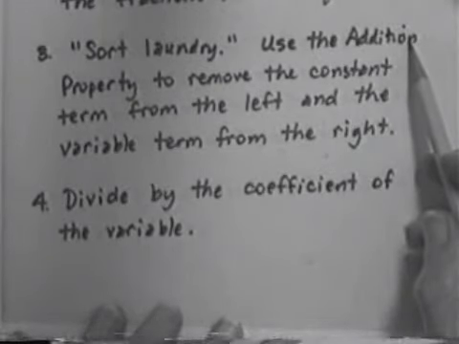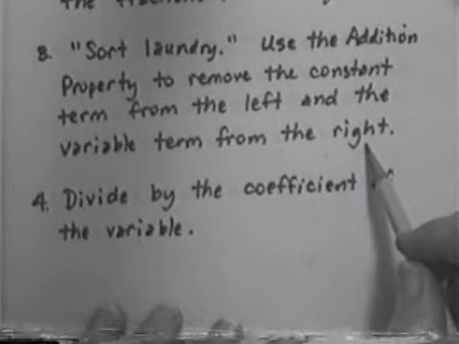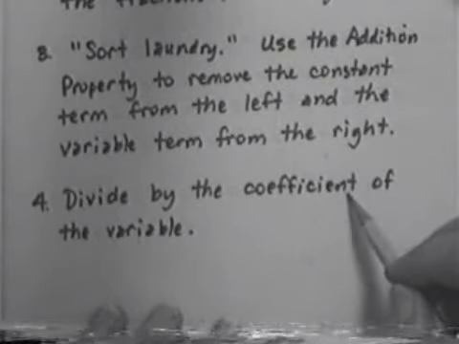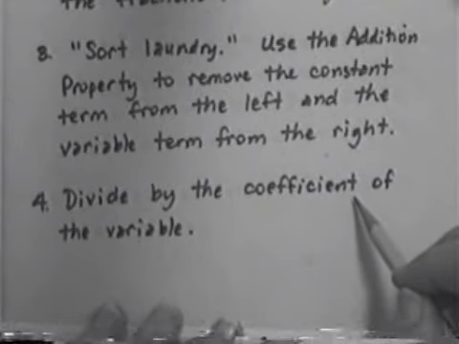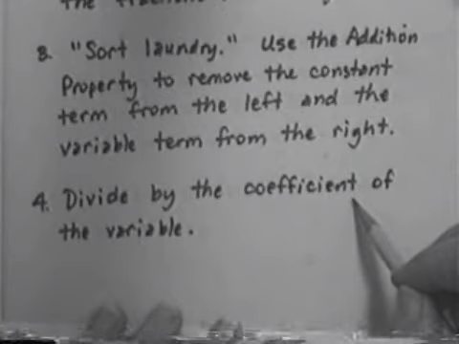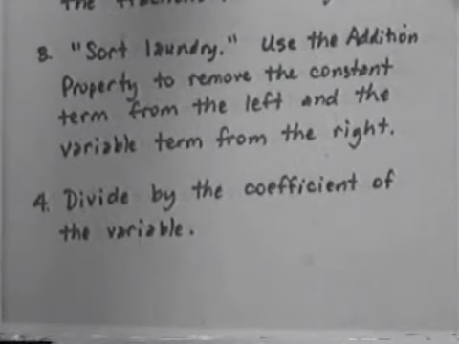The addition property removes the constant term from the left and the variable term from the right, and then we can divide by the coefficient of the variable. What happens if the coefficient of the variable is 1? Well, we don't need to divide by it then. So we use this procedure in order, just like the order of operations, using each step as needed.